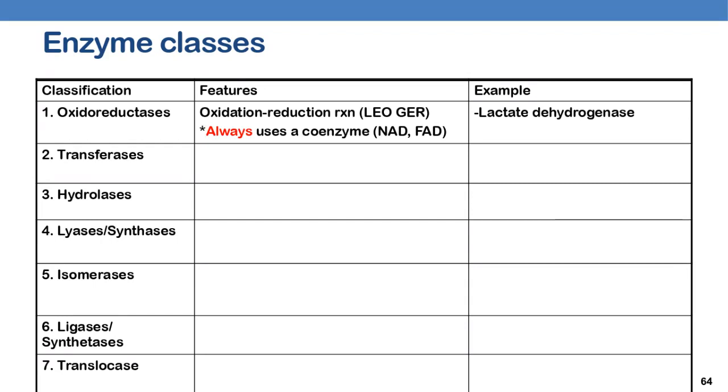Our LEO says GER, so we're losing electrons, oxidation, gaining electrons, reduction. Oh yeah, someone said NADH and FADH2. Excellent. So if you see these cofactors being used in the reaction, it's a giveaway that this is an oxidoreductase. Transferases, what we got?